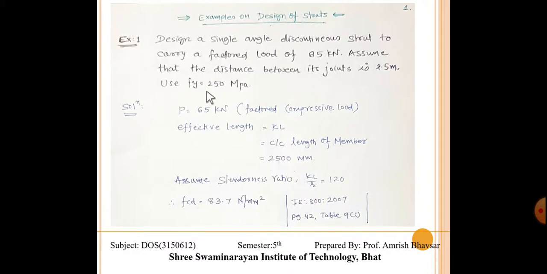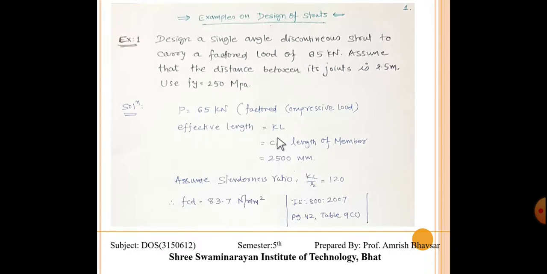Use Fy 250. So here we have one clue about the member, that is we have to select a single angle, and the given factored load is 65 kilonewton. So P is equal to 65 kilonewton, which is factored.